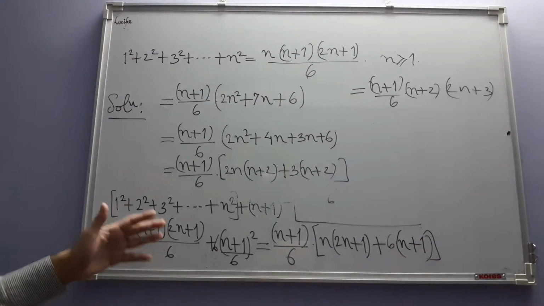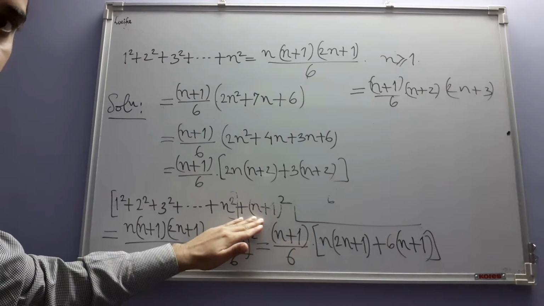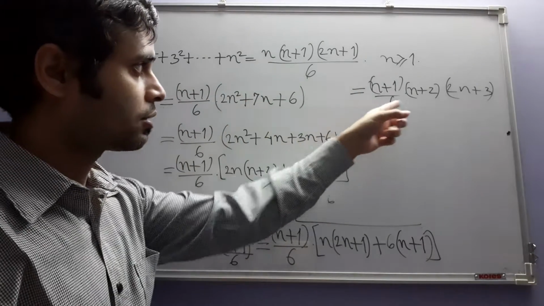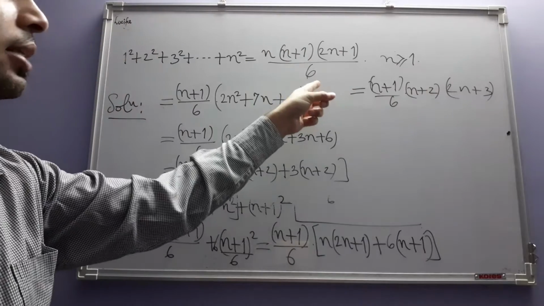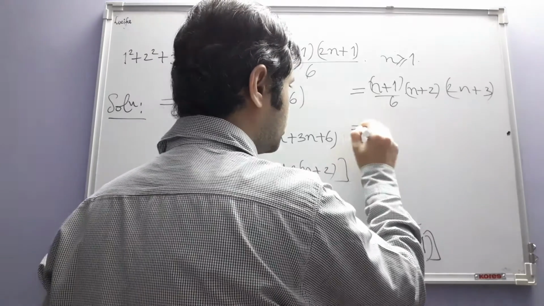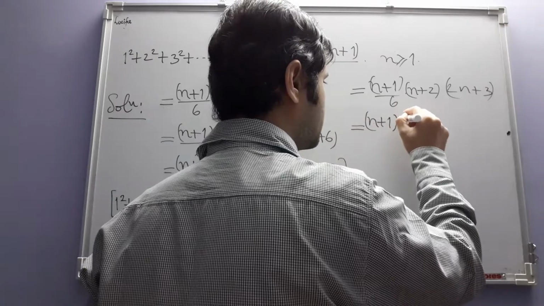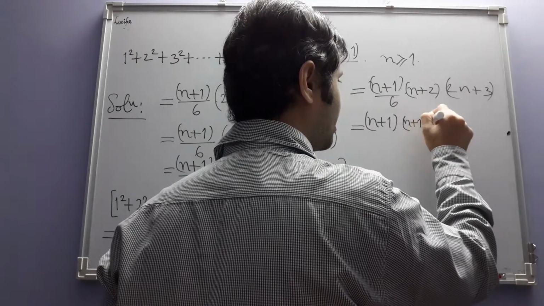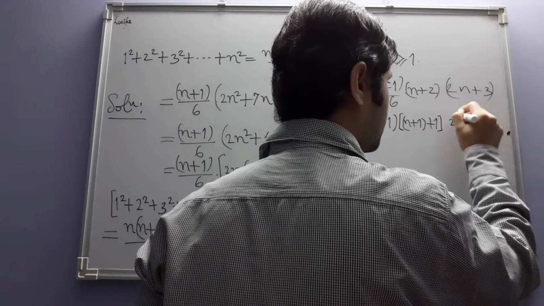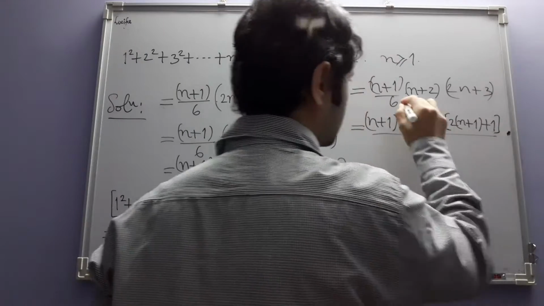Now this was the sum of the squares of first n plus 1 positive integers. Okay, we have to recognize this as the right hand side when we have n plus 1 in place of n. So if I rewrite this expression like this, n plus 1 plus 1, 2 into n plus 1 plus 1, is it equal to this?